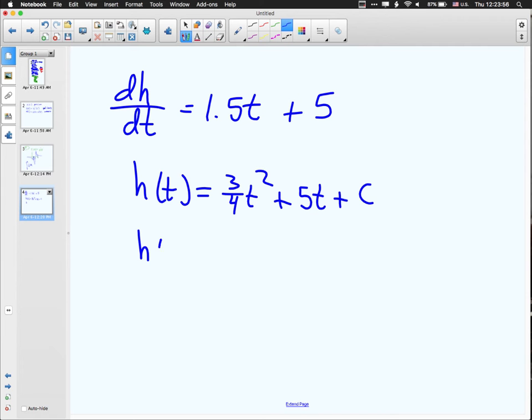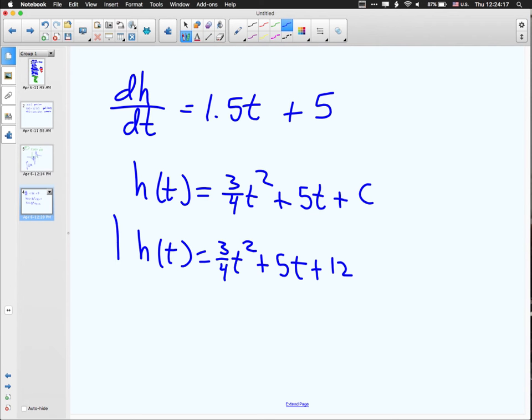So h of t is indeed 3/4 t squared plus 5t plus 12. And that answers one of the questions. One of the questions was, what's the height at any given time?